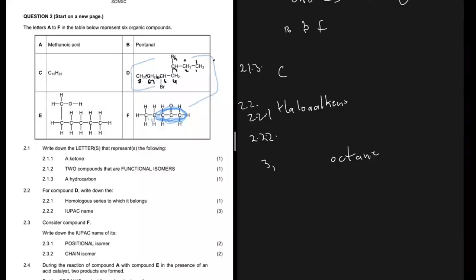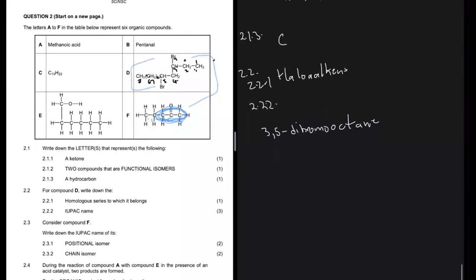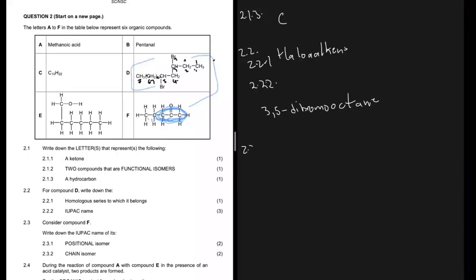So we're going to have 3, comma, and then the other position for the other halogen. So that's 1, 2, 3, 4, 5. So it's 3,5-dibromooctane. 3,5-dibromooctane. There we have it.